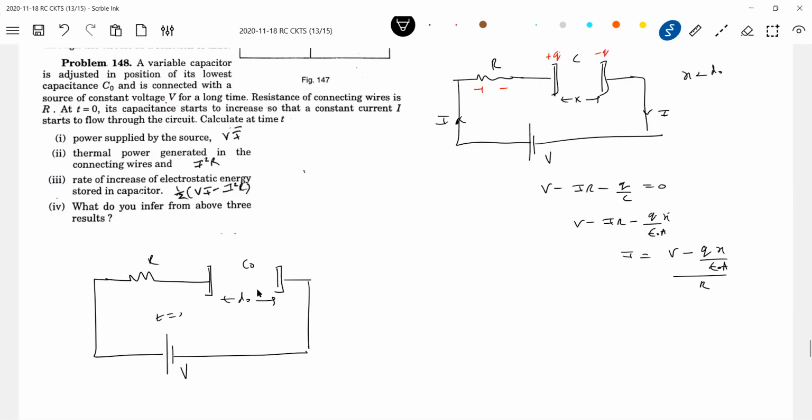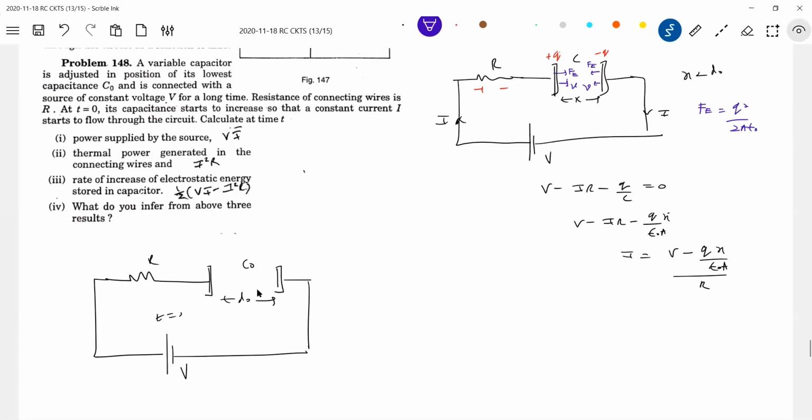There's no external agent, so definitely the force of attraction between the plates. And what is Fe? Fe should be equal to Q square by 2A epsilon naught. Because of the force acting, they will have velocity. I think all such things are happening in this particular situation.